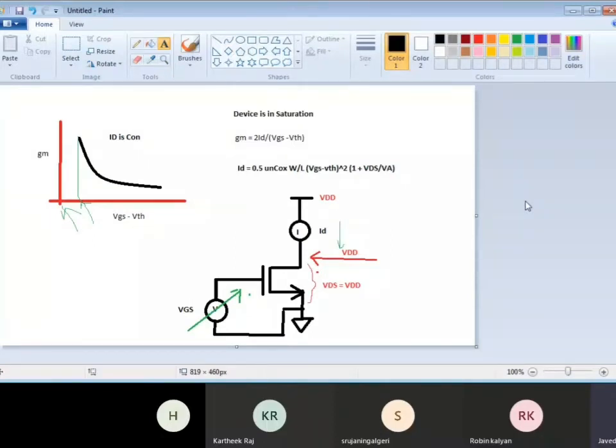If I keep increasing VGS minus VT to a certain point, since the ID is constant, what will keep decreasing? The GM will keep decreasing, meaning the conductivity or the transconductance of the device is constantly decreasing. That is going consistently with the same, okay, the conductivity of the device will reduce.